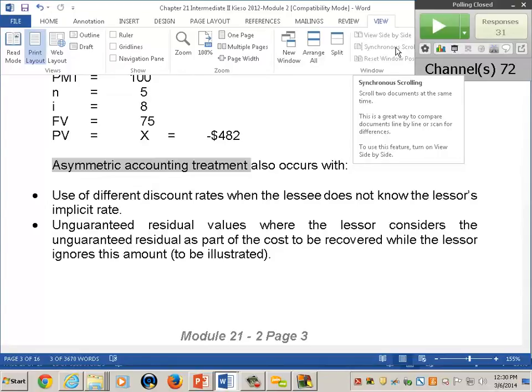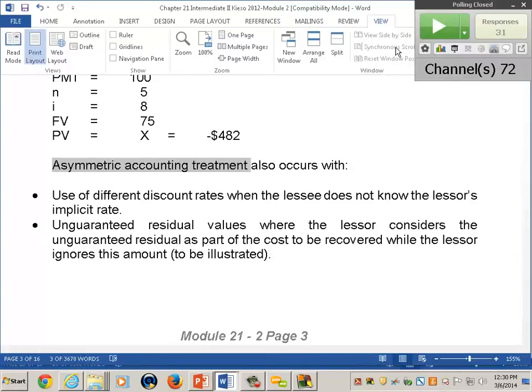So with respect to accounting asymmetry, I just want to know, and then we'll talk about it. Do you agree? Does it bother you? Do you have any problems with it?